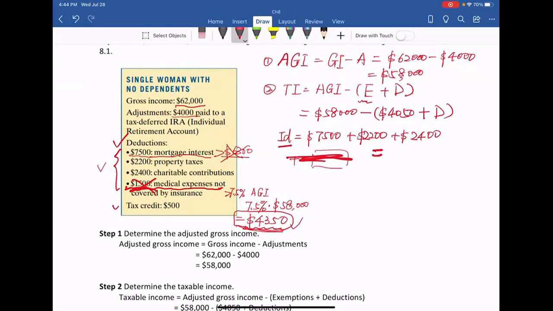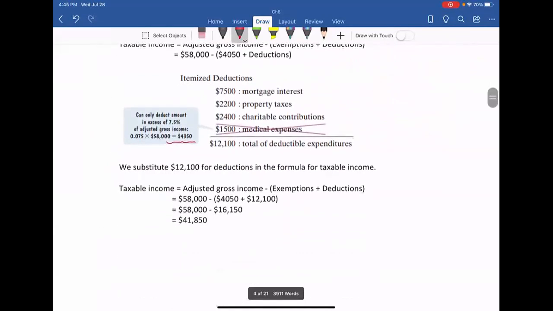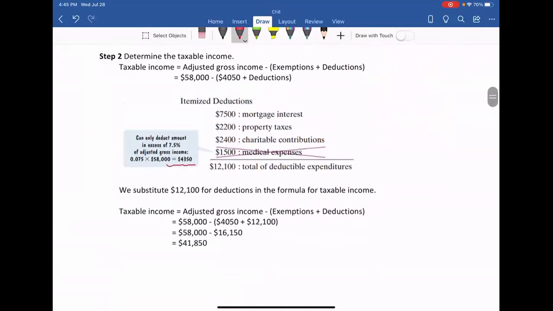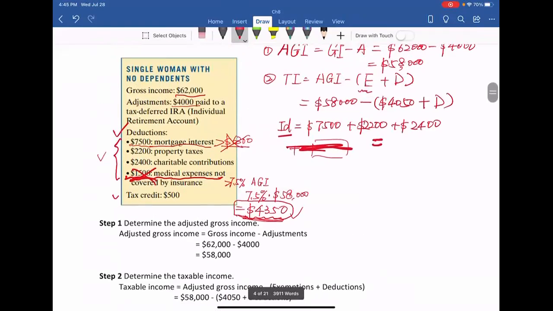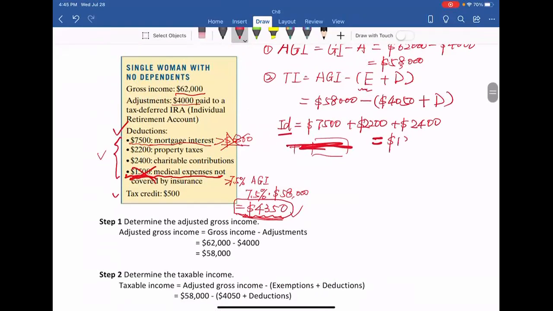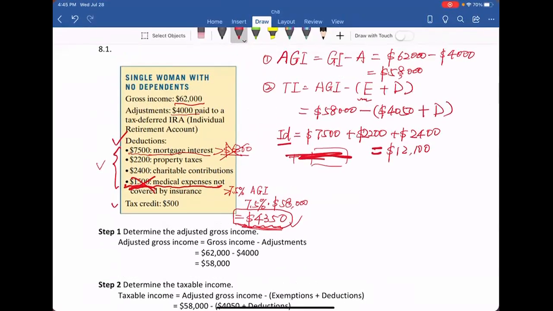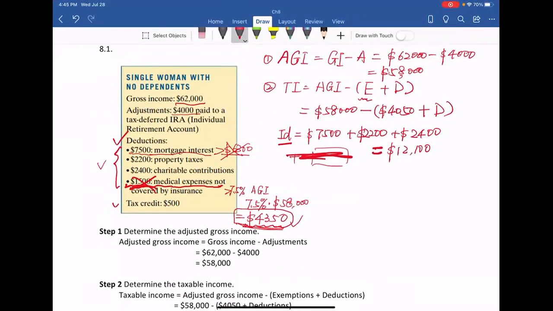This part equals 12,100. So this amount is the itemized deduction, and we plug it into the formula.